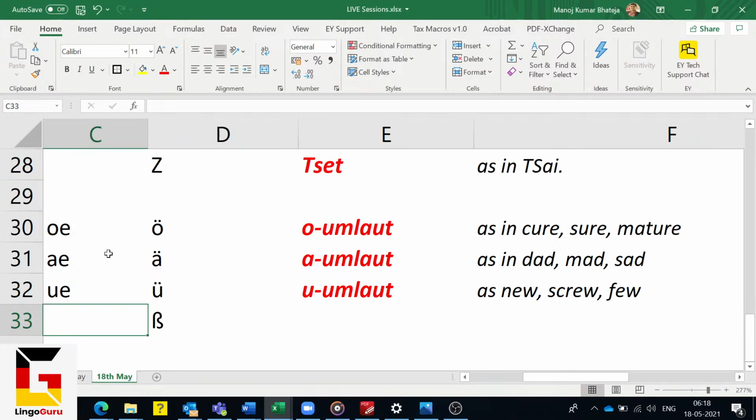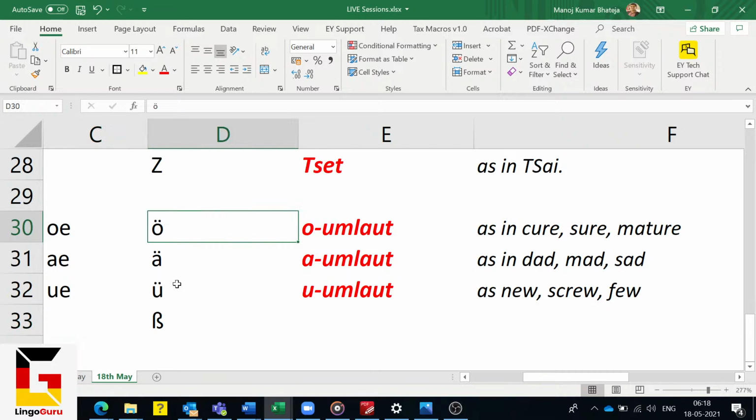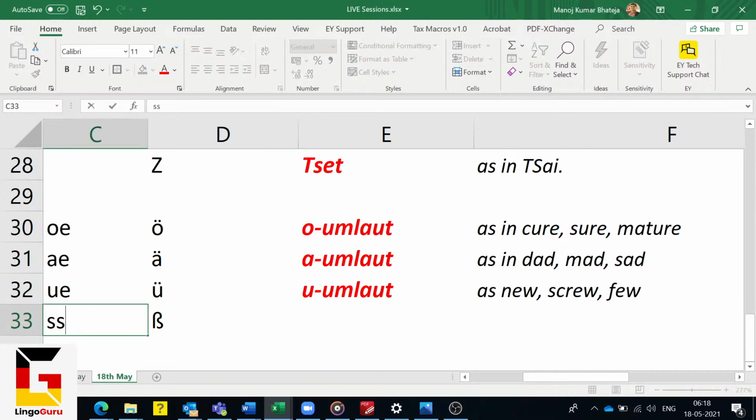Do not extend that U sound, just try to shorten it as short as possible. It's U, U, A, U. Now this letter, you can write it as double S.